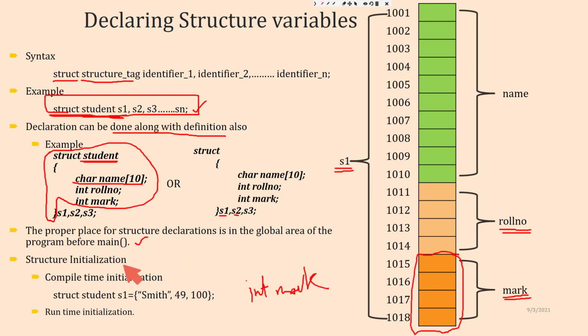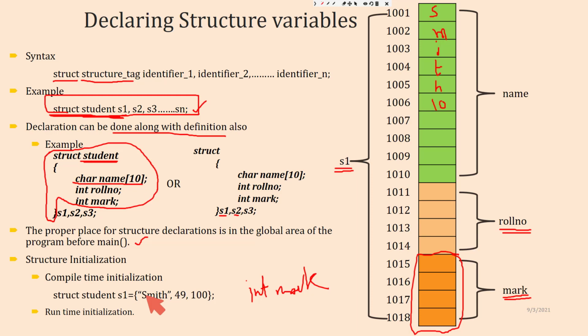Structure initialization. The first one is compile time initialization. Struct stud S1 = Smith, 49, 100. S1 is a structure variable and this much space will be allocated. The first 10 bytes are for storing the name, and here I have given the name as Smith. So S, M, I, T, H will come here, and then a \0 will come because it is a string.